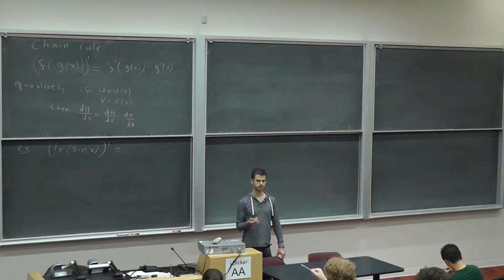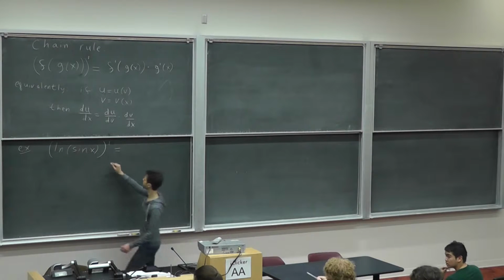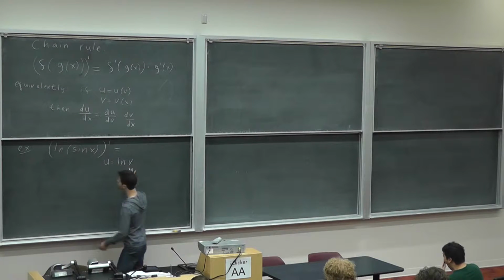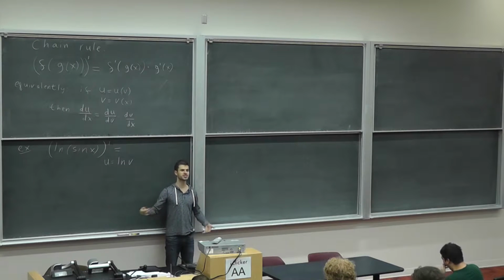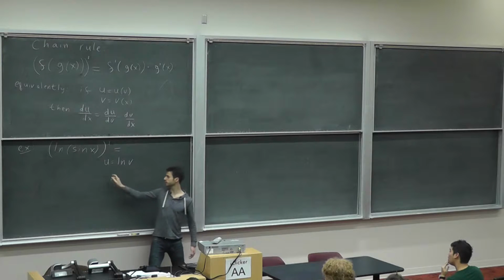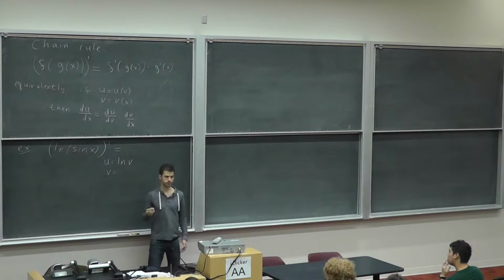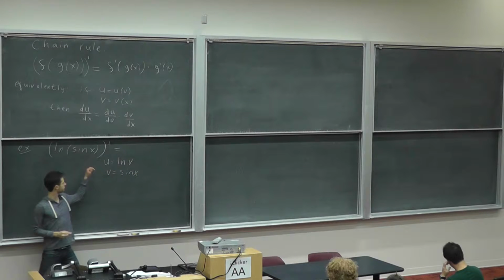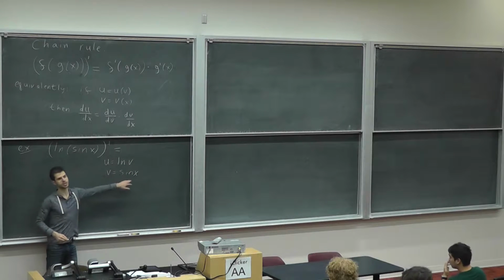Yeah. u would be involved. Okay, so the last operation I'm doing is computing the logarithm of something. So my last operation is logarithm of v. And v is sine of x. So I'm computing logarithm of sine of x.